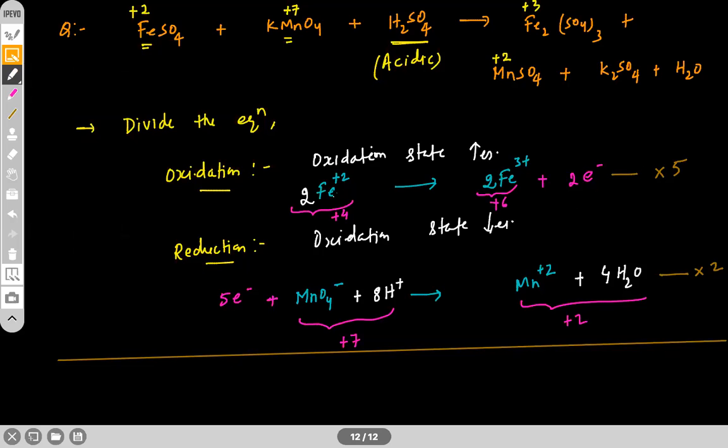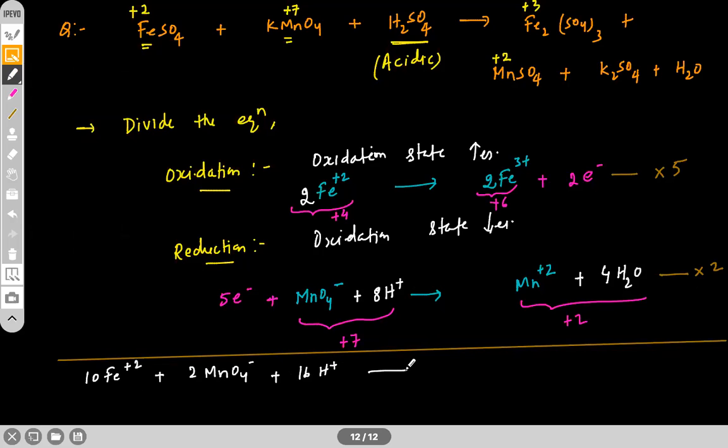You see, 5 into 2, 10 Fe2+. Okay. Then 2 into MnO4-, 2 MnO4-. 2 into this 8, 16 H+.